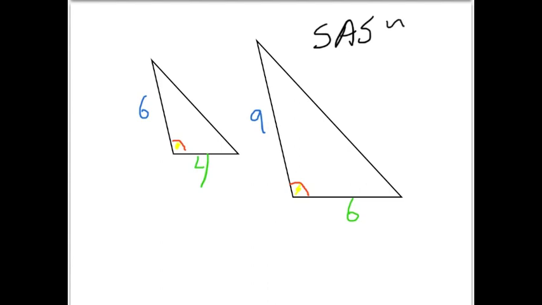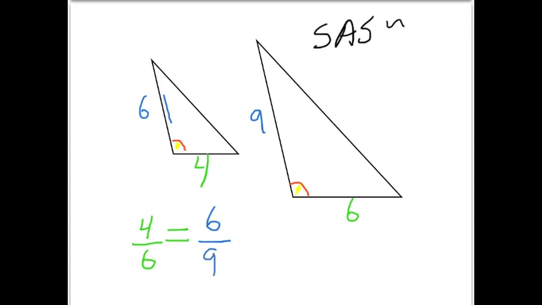So to verify that the sides are proportional, we'll need to check proportions. In other words, the shortest side of the small triangle is 4, the shortest side of the large triangle is 6, and does that equal the longer side of the small triangle divided by the longer side of the big triangle?